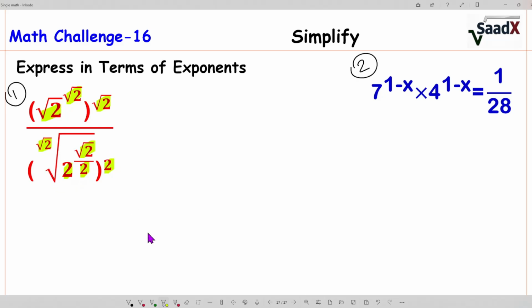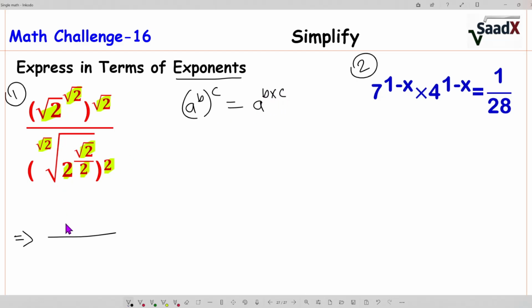Very impressive question. So we are trying to solve this one step by step and should follow in terms of exponent. First, look, a to the power b to the power c, we can write a to the power b times c, right?